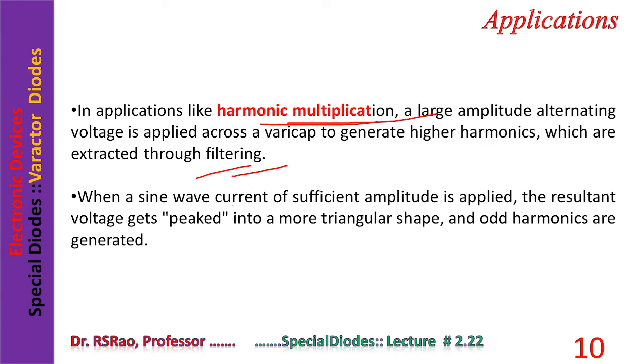When a sine wave current of sufficient amplitude is applied, the resultant voltage gets peaked into a more triangular shape and odd harmonics are generated. This slide is about an application of varicaps for obtaining higher harmonic frequencies.